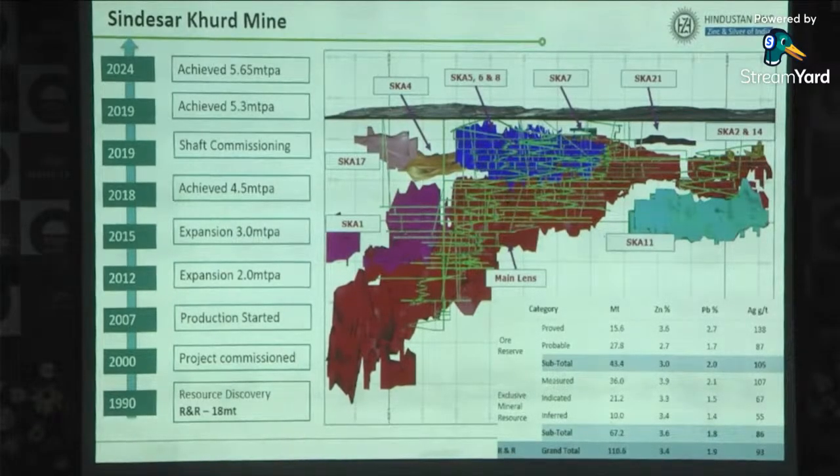From 2000 to 2024, we have gone from production start to 5.65 million ton. There was much technology advancement. Earlier we were using 7 ton LHDs, then 17 ton, and now we are using 21 ton LHDs. Earlier we used 30 ton trucks, then 50 ton, and now we are using 63 ton trucks.